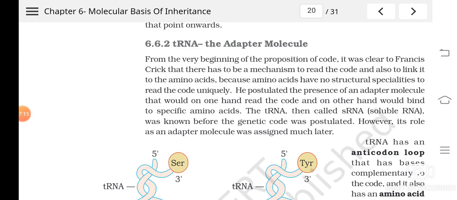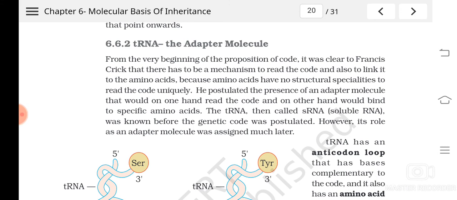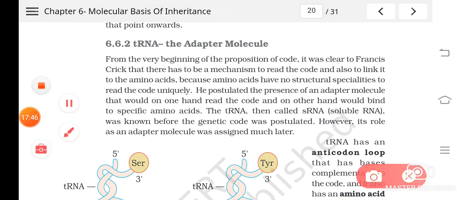As we have studied, the information from DNA has to be copied finally into amino acid sequences in the proteins. But DNA is not directly controlling the process. Watson and Crick, that Crick was clear that there should be some mechanism to read the code and also to link it to the amino acids. So he postulated that there should be some adapter molecule.